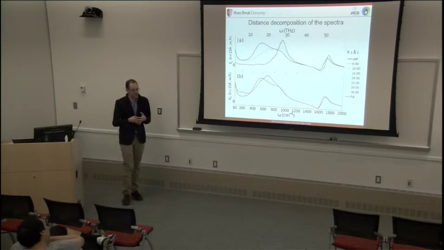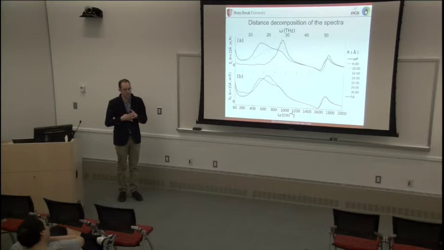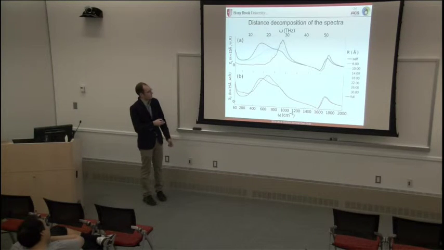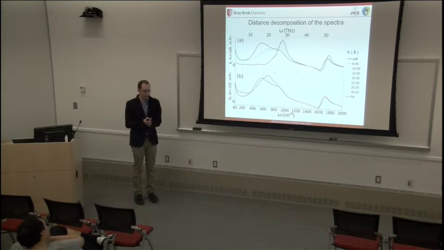So we broke the spectra into components that depend on the length scale of correlations, which we call R. When R equals 0, you're just considering polarization fluctuations from the single molecules, and you're ignoring all the correlations between the molecules.